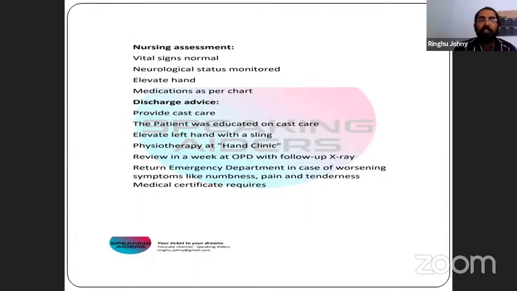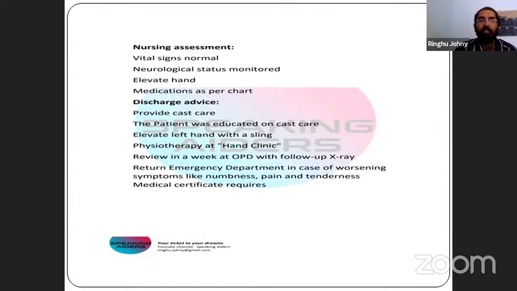Nursing assessment: vital signs normal, neurological status monitored, elevate hand, medications as per chart. Next thing, discharge advice, provide cast care. So these are the things we are expecting the outpatient clinic nurse, the OPD nurse, should do. So provide cast care.